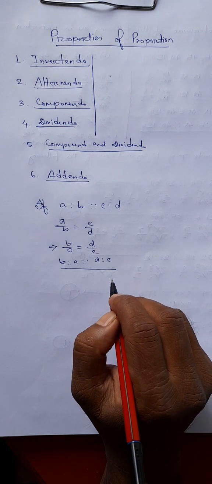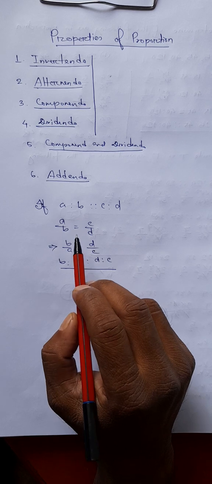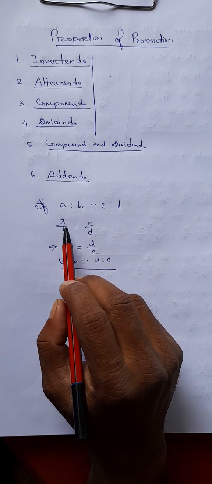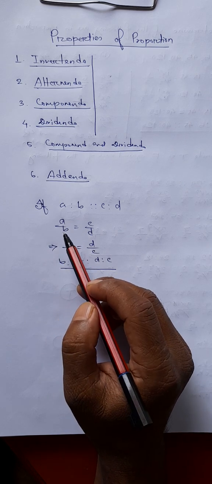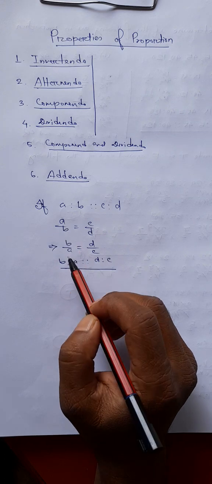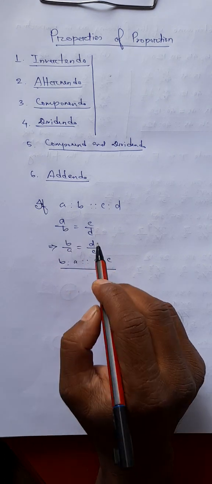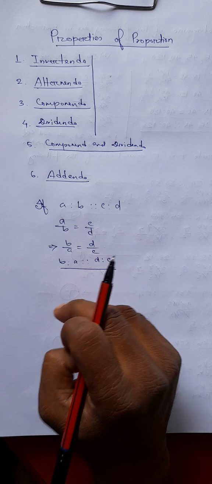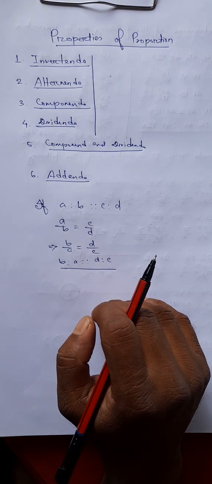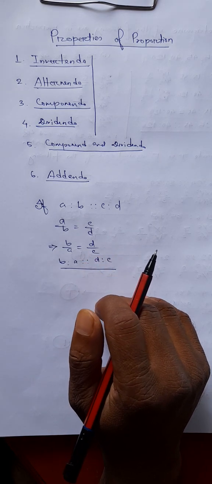We are just inverting the ratio. The antecedent becomes consequent, consequent becomes antecedent, right? You are just inverting the fraction, so it is called invertendo.